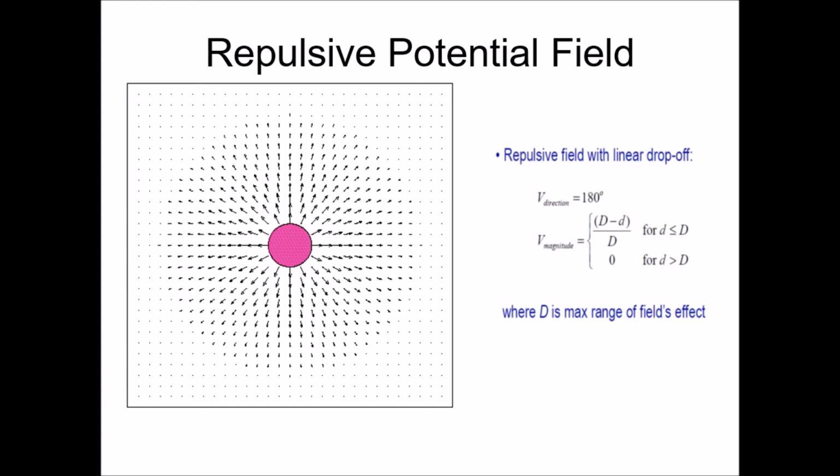Let's say if we use a first class laser rangefinder, the maximum capability is around 5 meters. So the magnitude is calculated based on 5 meters minus the current distance of the obstacle, over D.